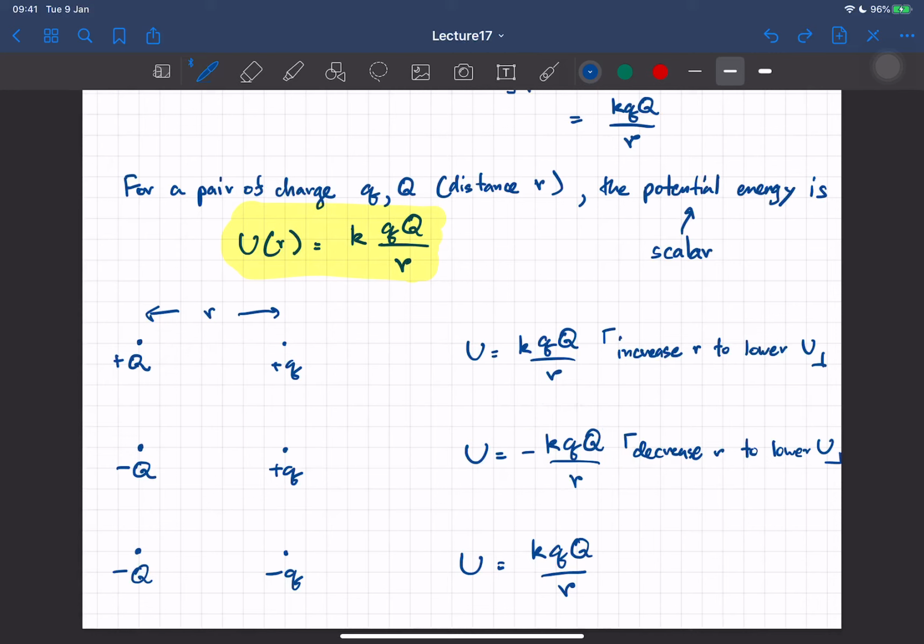So it's all consistent, right? Potential energy is always going to be trying to go lower, right? And depending on the sign of the charges, it will do that by increasing R, repelling each other, or decreasing R, or attracting each other. Okay, so this all makes sense.